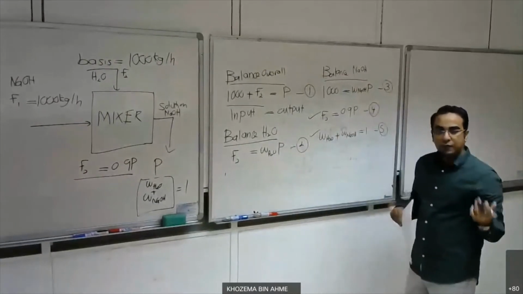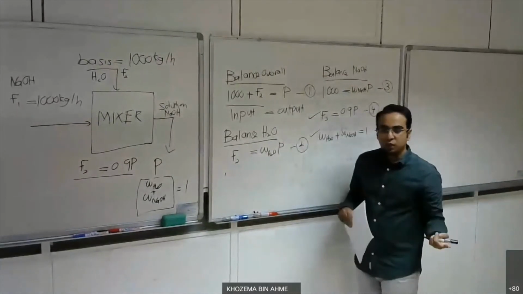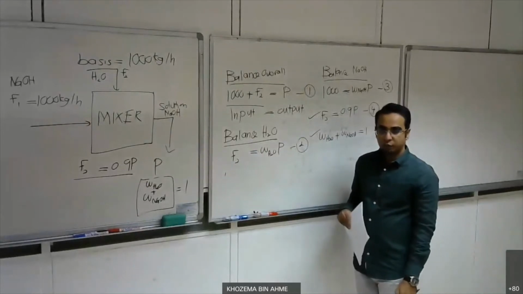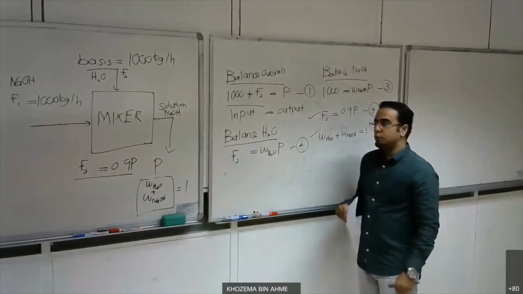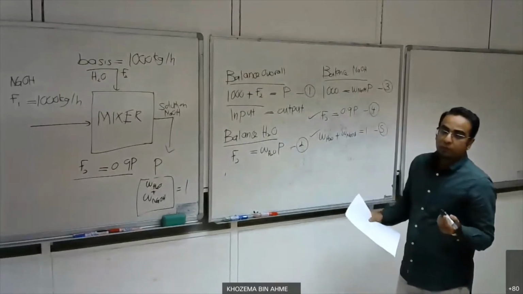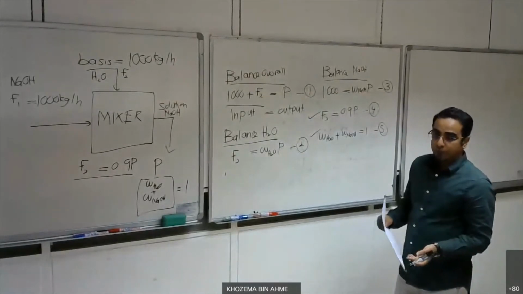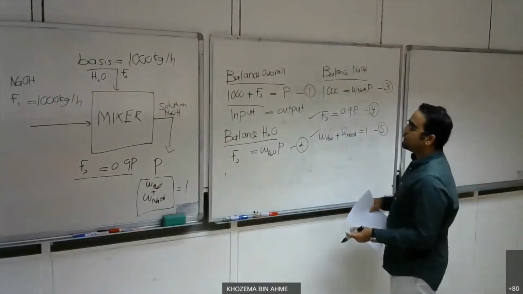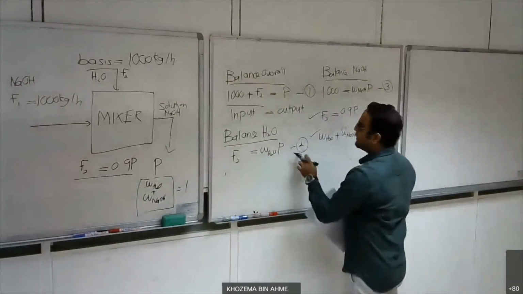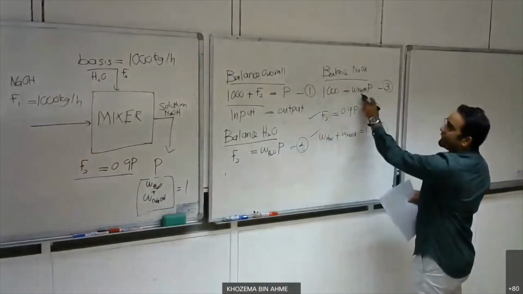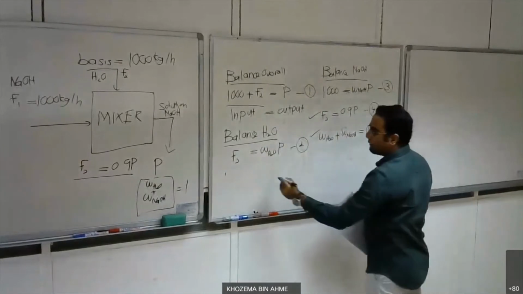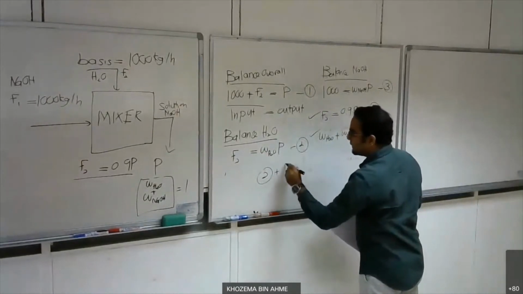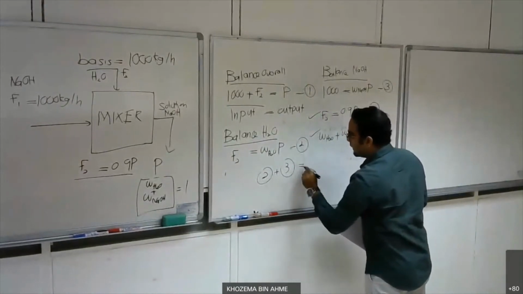Even though we have 3 equations, only 2 are independent equations. How do we know that only 2 are independent? You can just add equation 2 plus equation 3, and you will get equation 1.